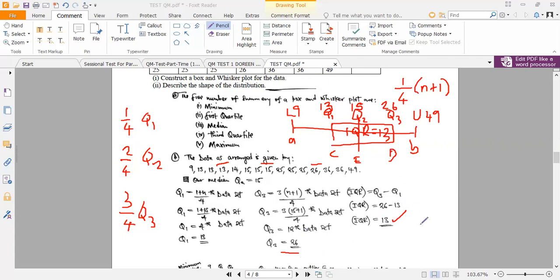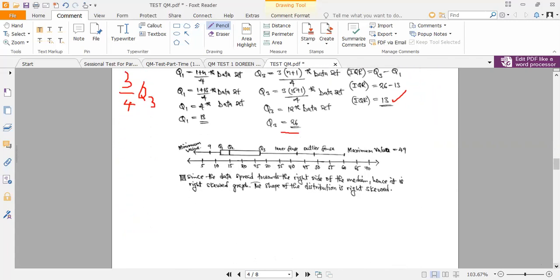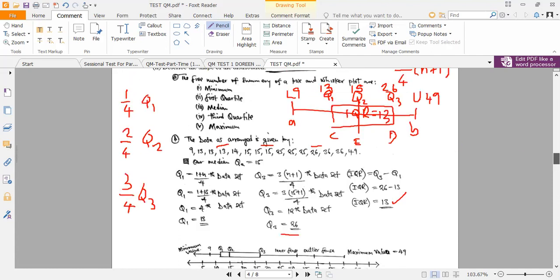Okay, so now we proceed. So our minimum value is 9. Our maximum value is 49. The lower quartile is 13, and the upper quartile is 26.